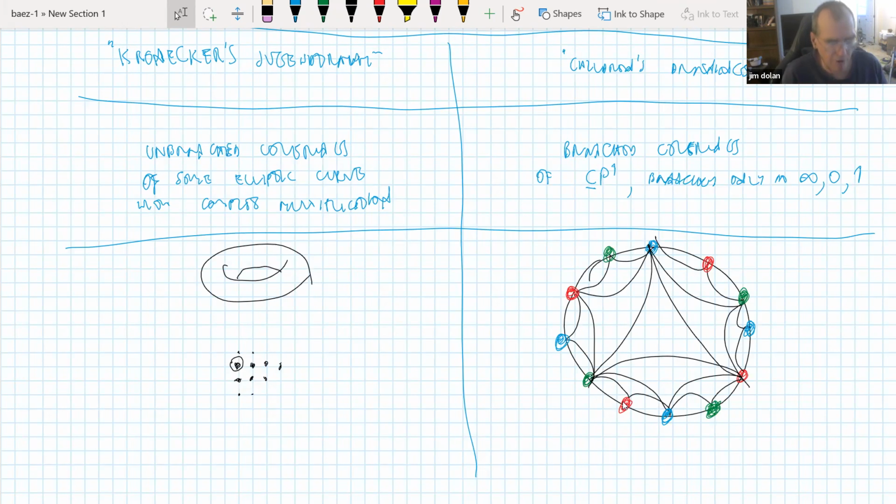According to the rumors I've heard at least, the Grothendieck-Teichmuller action is some manifestation of the absolute abelian group. Absolute Galois group, yes, sorry. That's what I meant to say. It's some manifestation of the absolute Galois group.